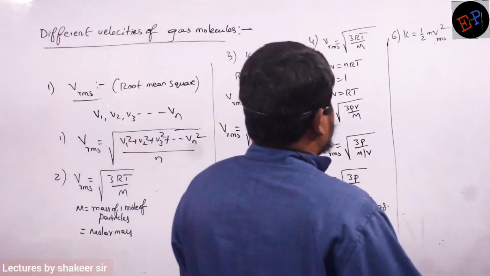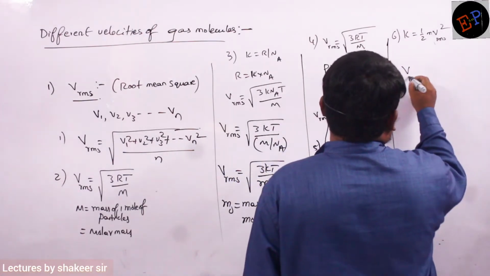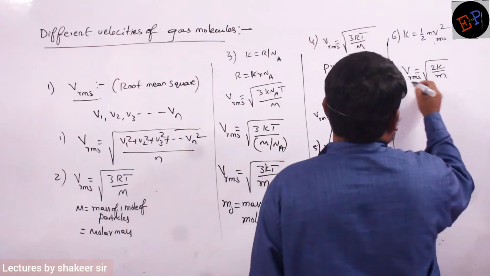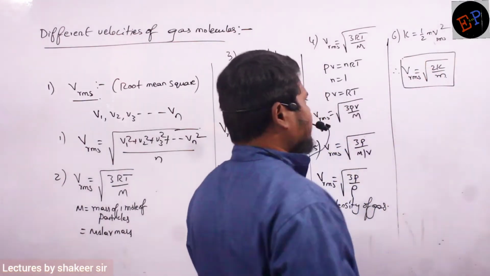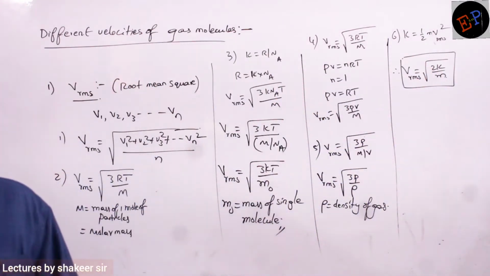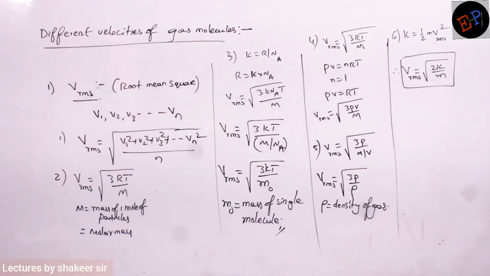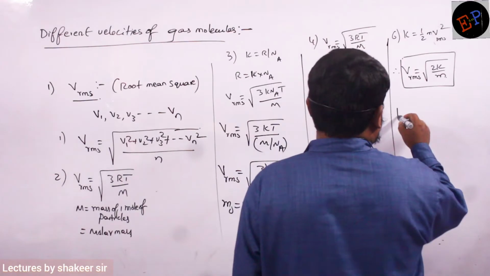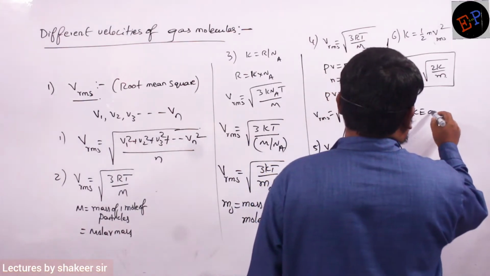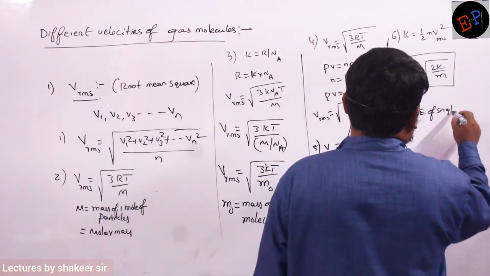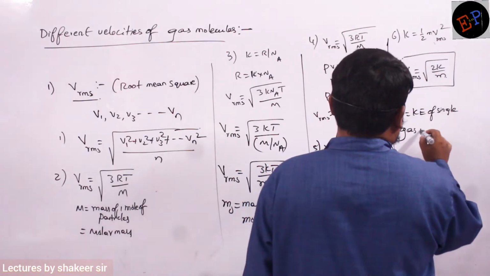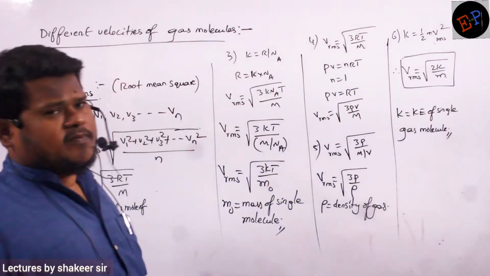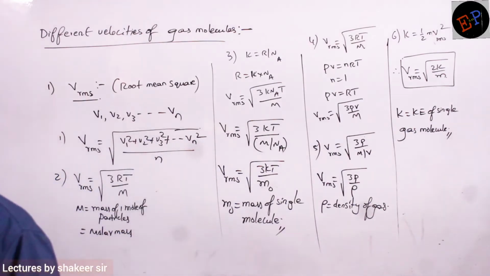Therefore I can write Vrms is equal to the square root of 2K divided by m. This is one more equation to calculate RMS velocity of the gas, where K is the kinetic energy of a single gas molecule. So these are the many equations we can write for RMS velocity.